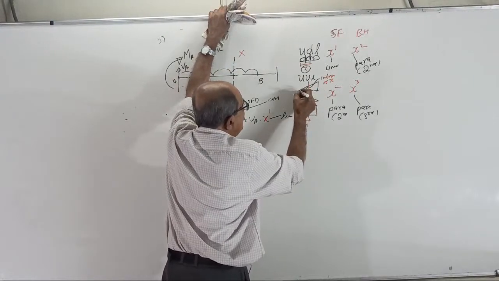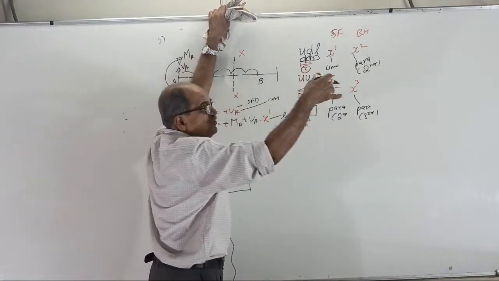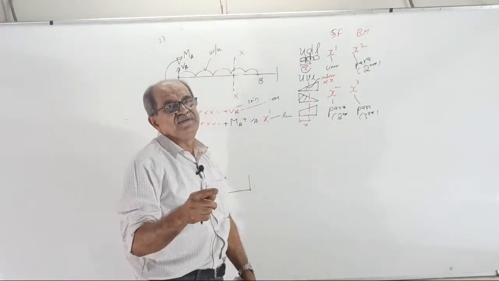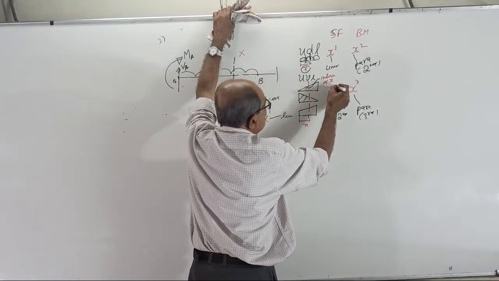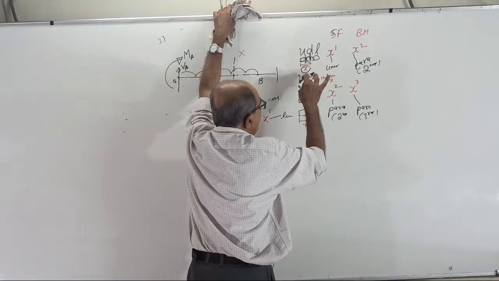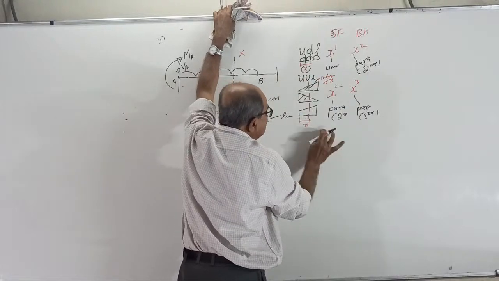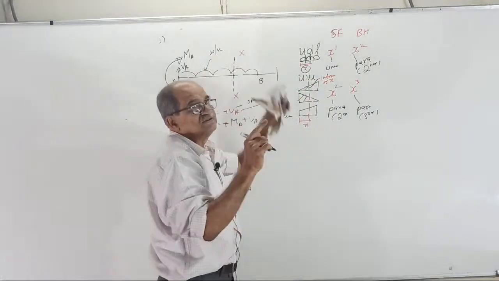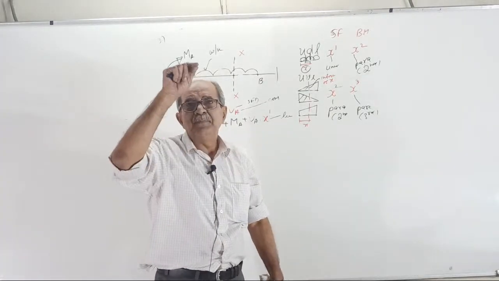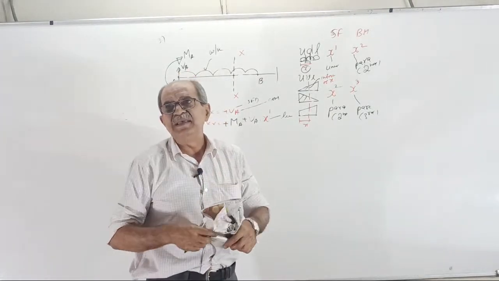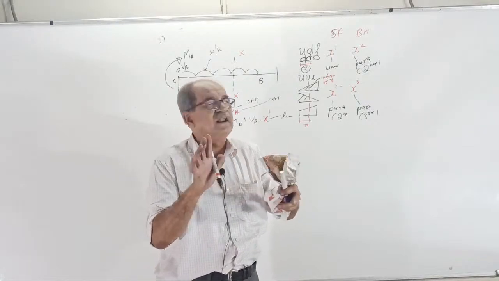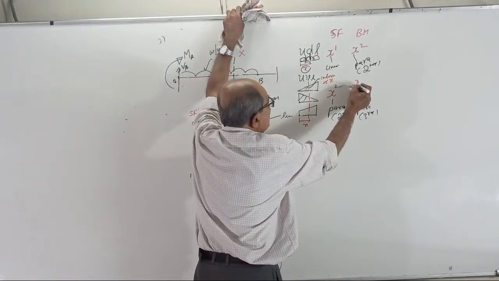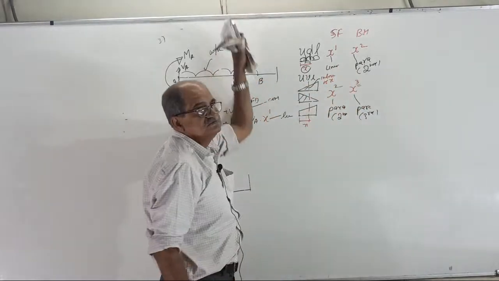Area means x into x will come. Half is not required, half into base into height, leave the half. x into x will come. So shear force is quadratic. For bending moment, area into x, that is x squared into a part of x, either x by 3 or 2x by 3 or (a plus 2b) etc. The power becomes one more, x will come, x cubed.